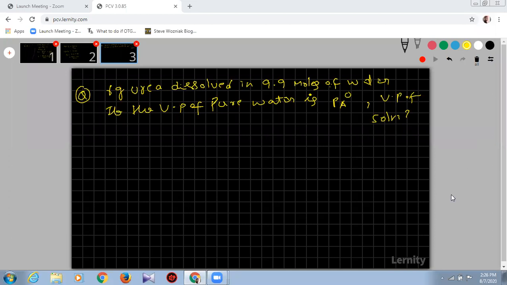See here. 6 grams of urea dissolved in 9.9 moles of water. Once dissolved, there will be a lowering of vapor pressure. The vapor pressure of pure water is PA naught.